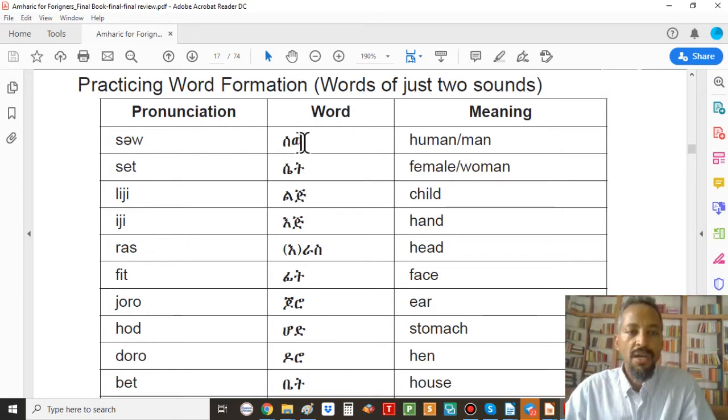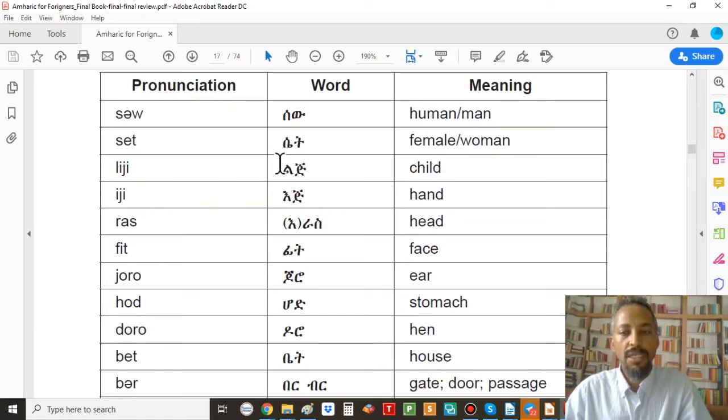Next, sit, which means female or woman, feminine. It's not sit like the English sit. Then lij, child.